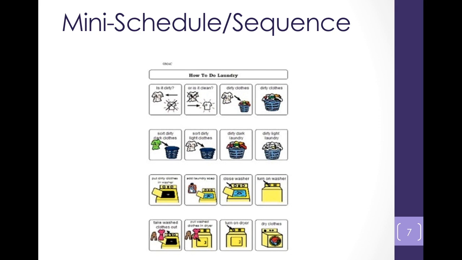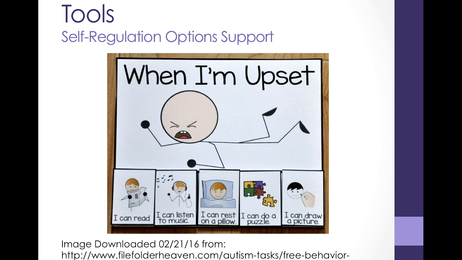Here we have a mini schedule or a task sequence, and this type of visual support can be useful to define expectations or to organize a period of time and to act as a general visual reminder. This last example is a general visual support for self-regulation, and it's intended to remind the child of what their options are when they feel like they're upset.